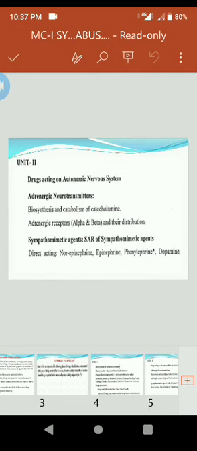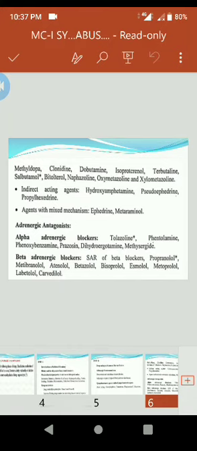In that we have some subdivisions: adrenergic neurotransmitters, sympathomimetic agents including SAR of sympathomimetic agents, and adrenergic antagonists. In that we have two types of blockers: alpha adrenergic blockers and beta adrenergic blockers.